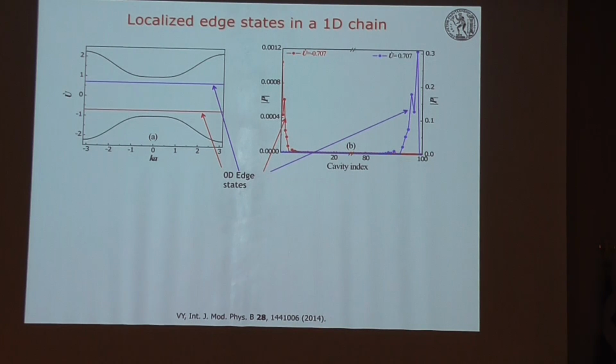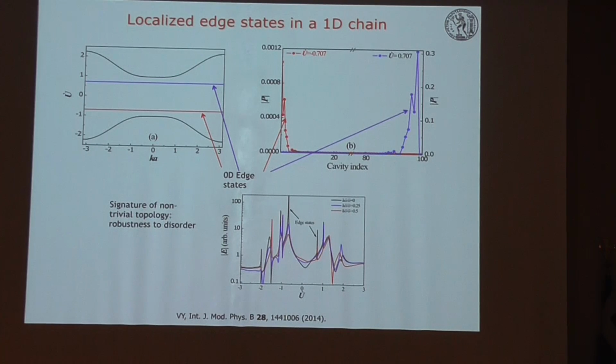And they are robust against disorder. So here we put some randomness, some random fluctuations of the phase of the complex hopping between the cavities, and no matter how large the amount of disorder is, these edge states stay there, signifying their topological nature.